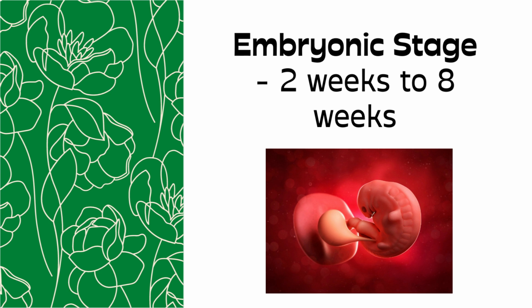This rapid development of the organs is also accompanied by more risk of spontaneous abortion or miscarriage, most specifically during the first trimester, meaning the first 3 months. In the whole period of pregnancy, this is considered the most crucial.